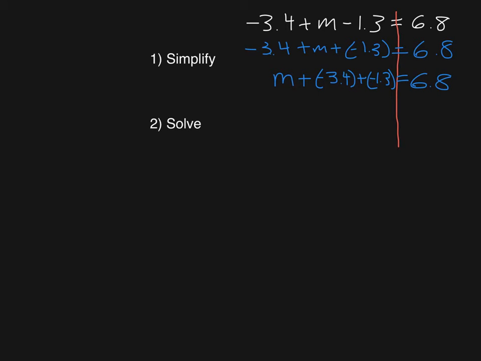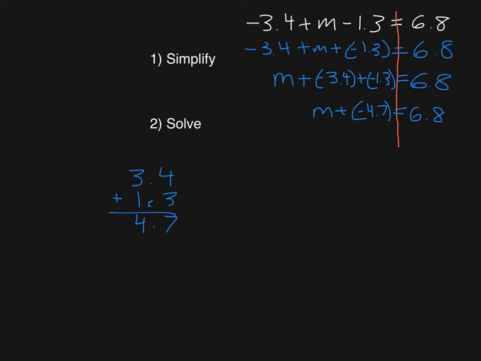Now, negative 3.4 plus negative 1.3, because those have the same sign, we can just add those together, and we're going to get 7, and we're going to get 4. So 4.7, and that's going to be negative, so it'll be m plus negative 4.7 equals 6.8.